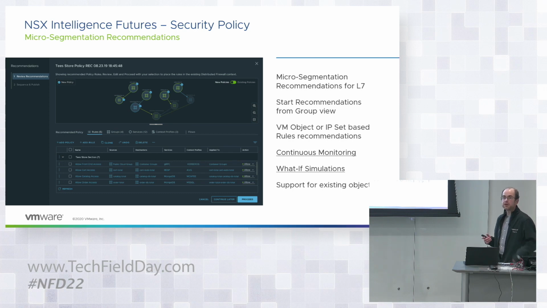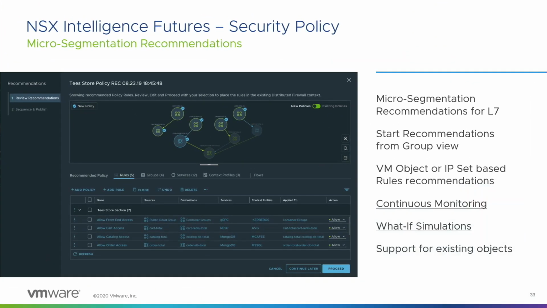Similarly, continuous monitoring is very interesting too, because I talked about how applications are dynamic. So, the policy that we saw was the initial policy, right? How should we microsegment and lock down this application? But continuous monitoring will allow us to, think of it as monitoring the traffic flow after pushing that initial recommendation and recommending any changes to that policy based on observed traffic.